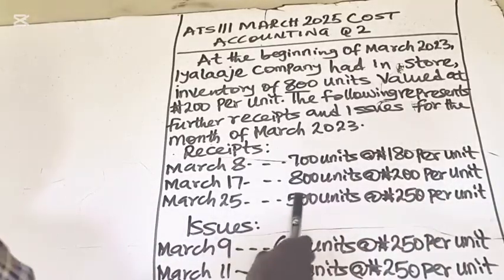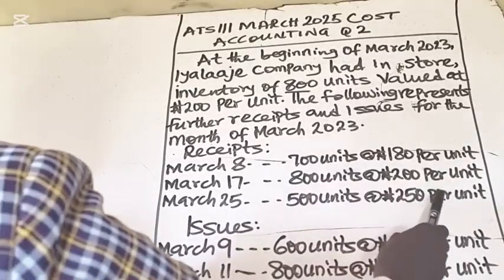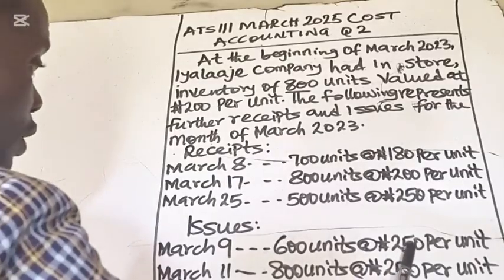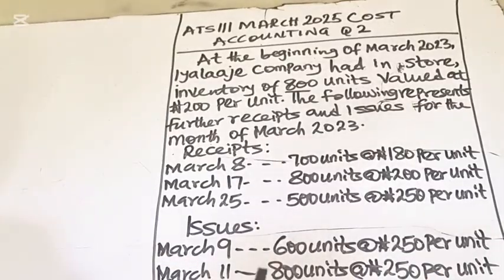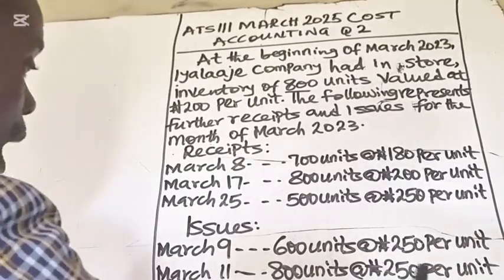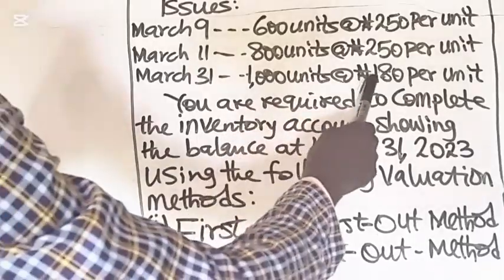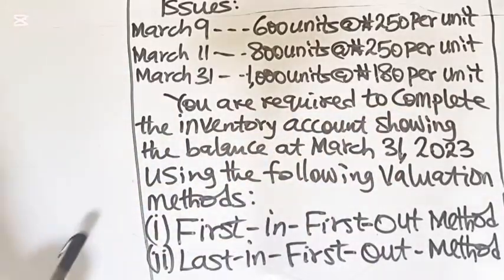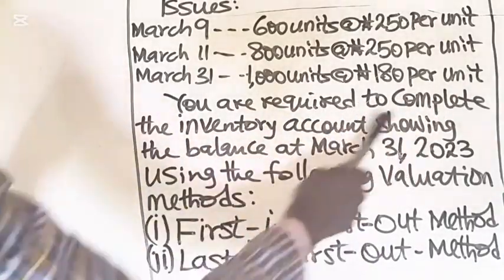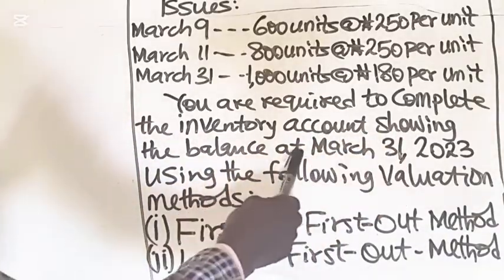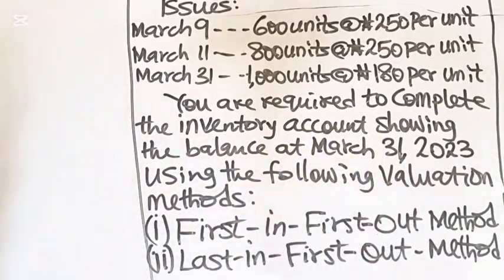March 25, 500 units at 250 naira per unit. Issues: March 9, 600 units at 250 naira per unit. March 11, 800 units at 250 naira per unit. March 31, 1000 units at 180 naira per unit. You are required to complete the inventory account showing the balance at March 31, 2023 using the following valuation methods.